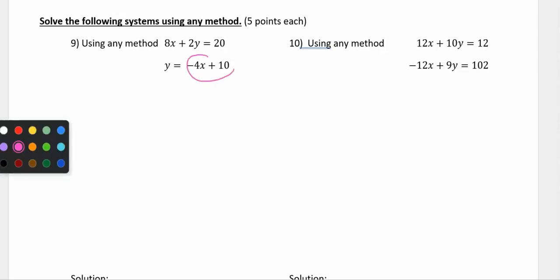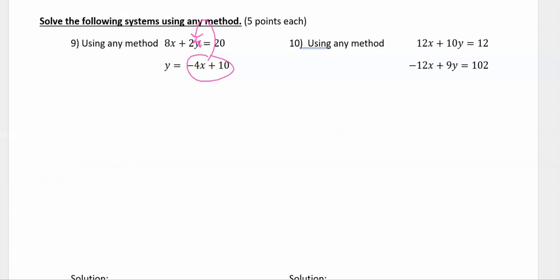So y is the same thing as -4x plus 10. So I'm going to come to the top equation. I'm going to remove y, and I'm going to substitute in its place -4x plus 10. So I'm going to rewrite that top equation, 8x plus 2, and instead of sitting next to a y, I'm going to put in its place, in parentheses, -4x plus 10, and then equals 20.